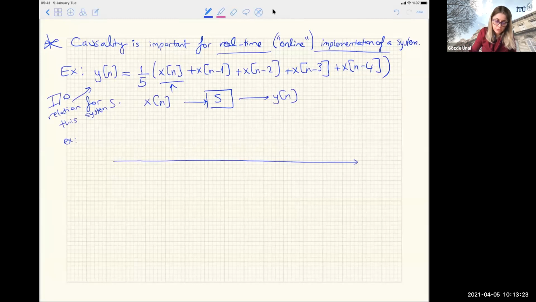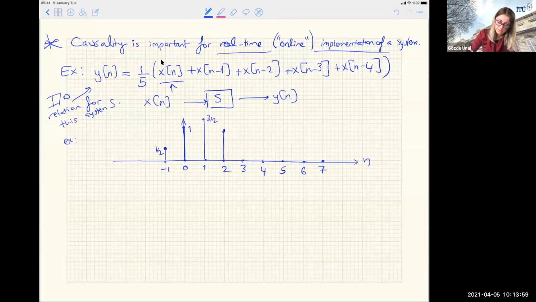Example: the system takes an input. I'm just plotting the input now, 1/2, and, I'm trying to see, I guess I don't have any more.